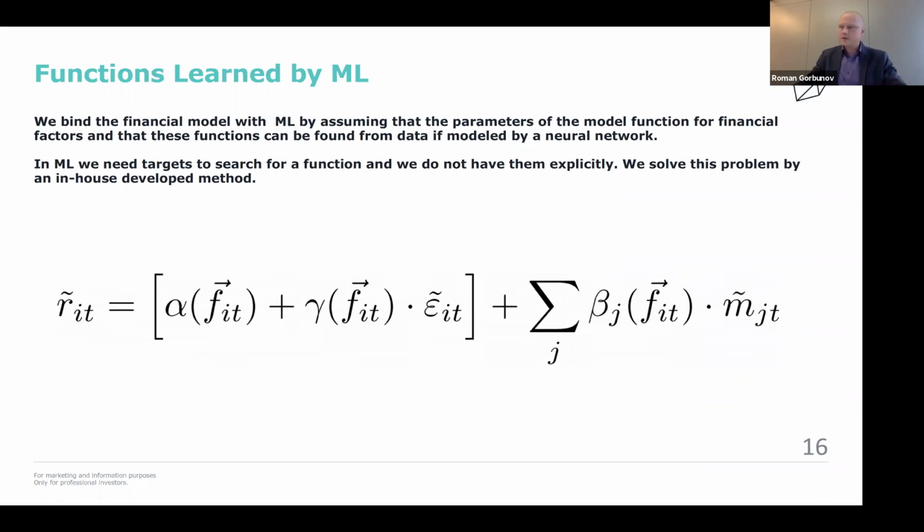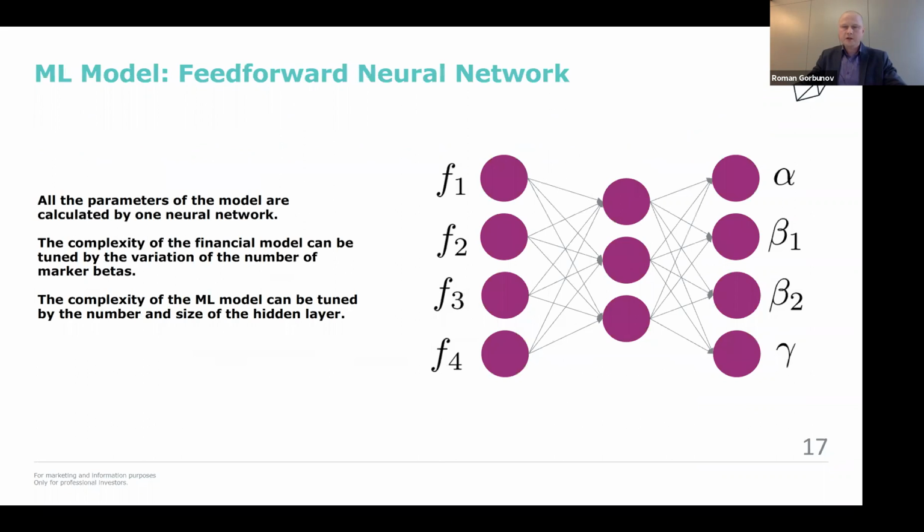On the next slide, I would like to provide more details about how exactly we do it. So the first idea that we use is that instead of searching for 3 or 4 separate functions that would let us calculate alpha, beta, and gamma, we use one neural network, shown on that figure.